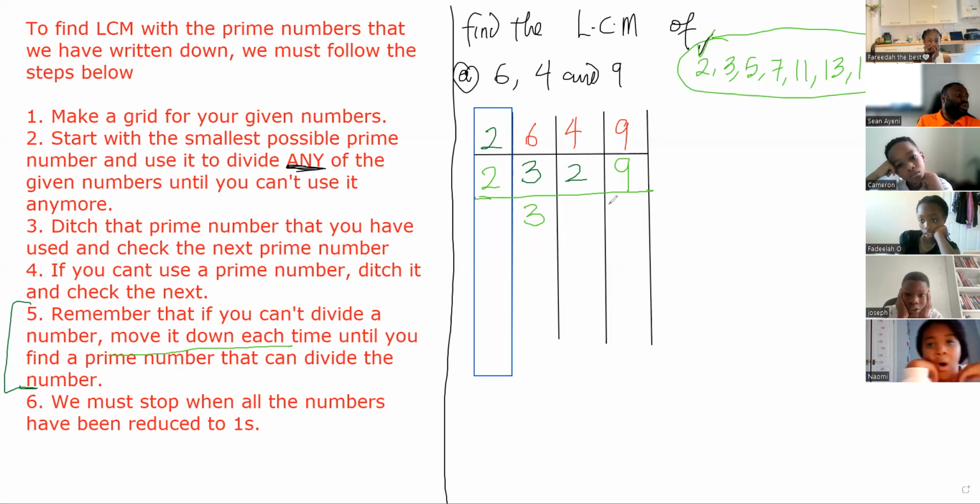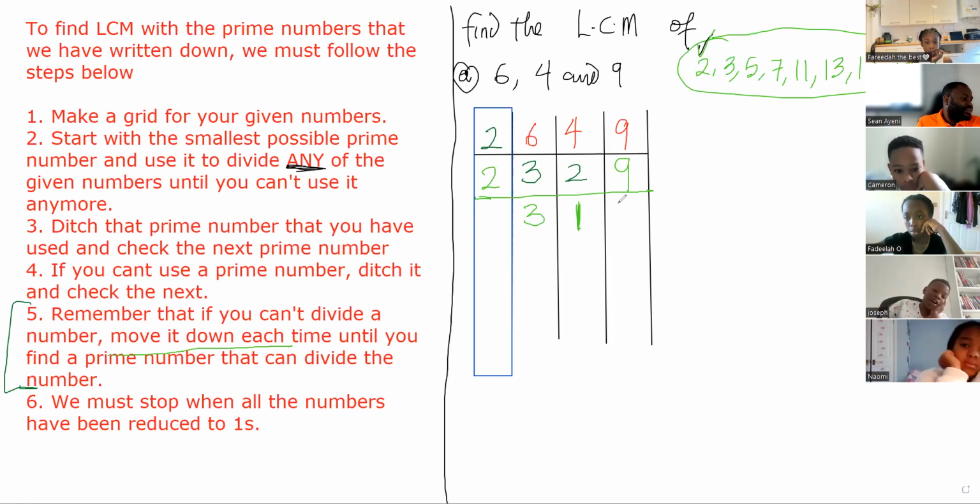2 divided by 2, what would that give me? 1. Joshua, 2 divided by 2, what would that give me? 1. What about 9? 9 divided by 2, is that possible? No. What do we do, Amy, to that 9?